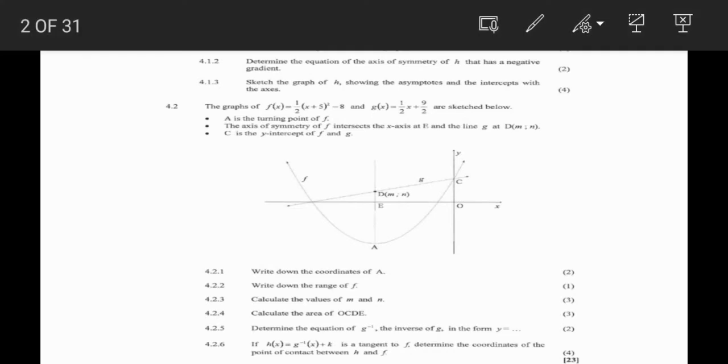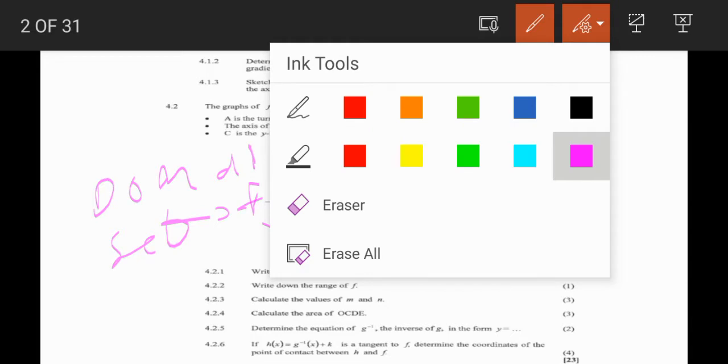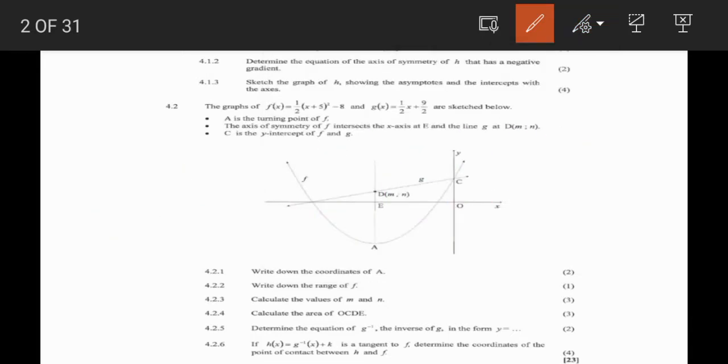Here, just for interest's sake, if they said calculate the domain, what is the domain? The domain is a set of all possible x values, right? So if they say a set of all possible values for x, I have to check in relation to the horizontal movement, because x is moving horizontally, left to right or right to left.